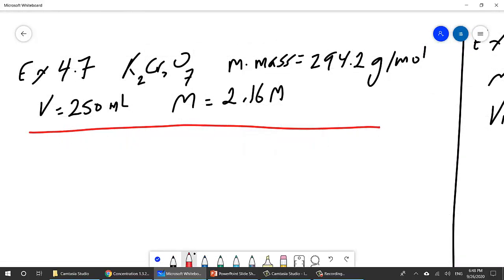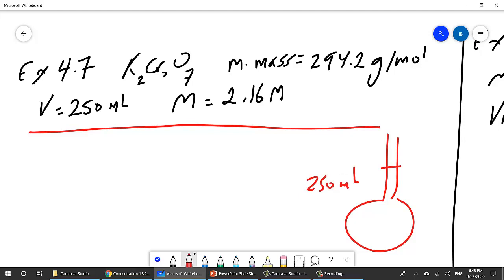We have K2Cr2O7. I've already calculated its molar mass to be 294.2 grams per mole. I'm required to prepare a volume of 250 mL with a concentration, or molarity, equal to 2.16 molar. So basically we need to prepare a solution of K2Cr2O7 whose volume is 250 milliliters and whose molarity is 2.16 molar.